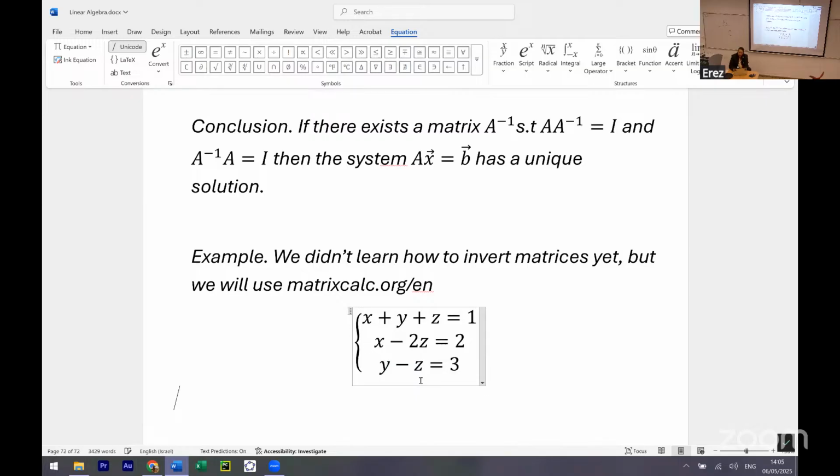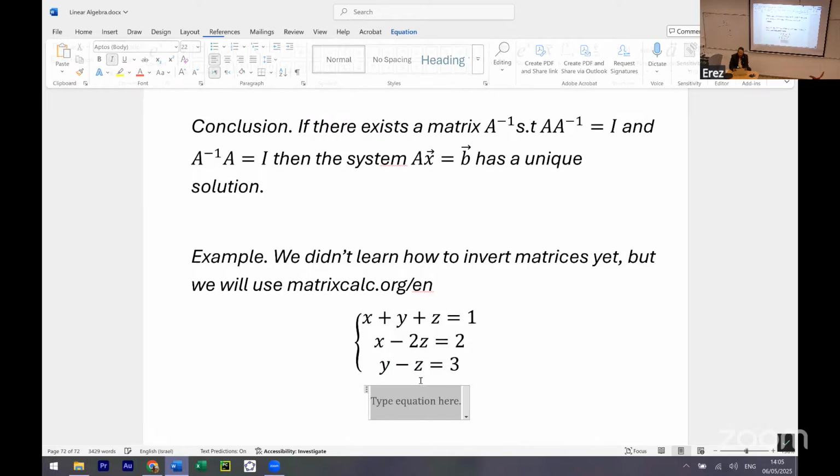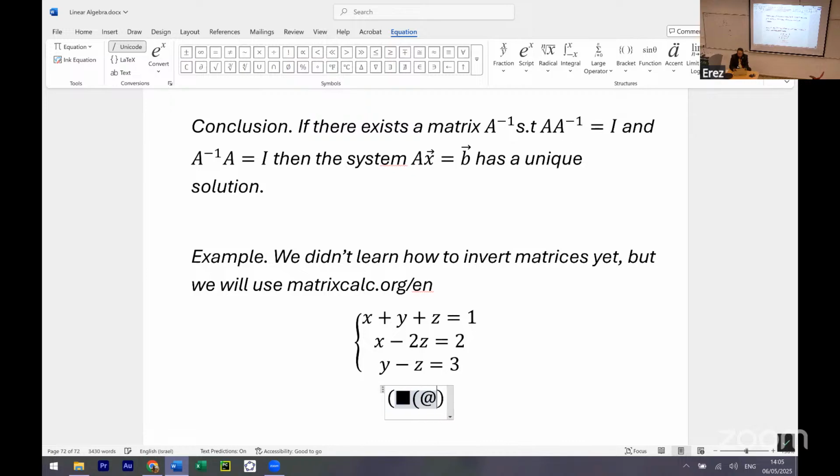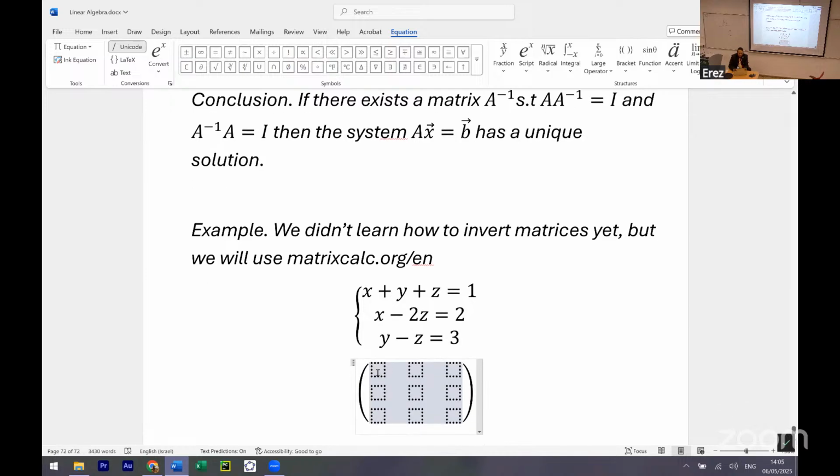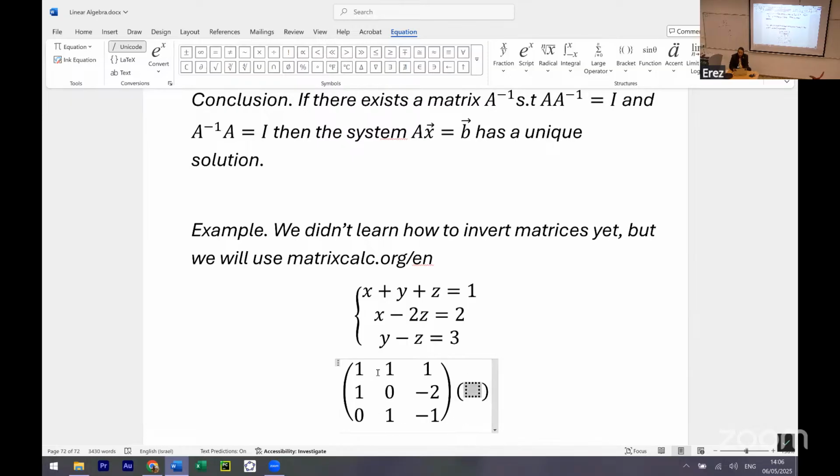The matrix form: the coefficient matrix is 1, 1, 1, 1, 0, minus 2, 0, 1, minus 1. The variable vector is the column x, y, z.